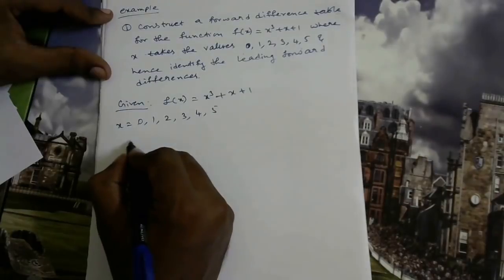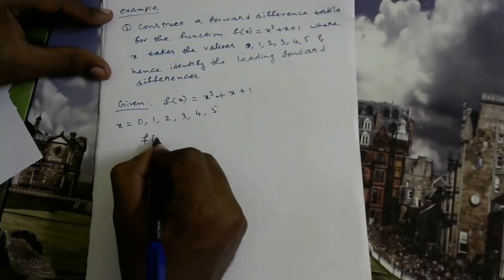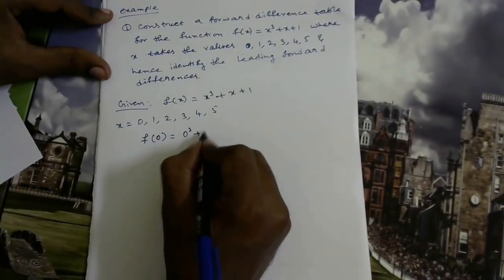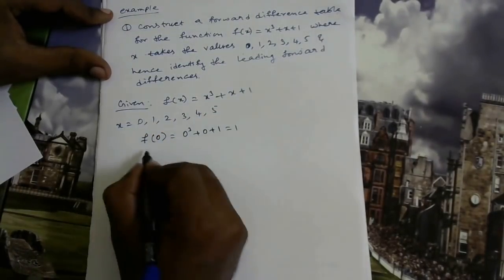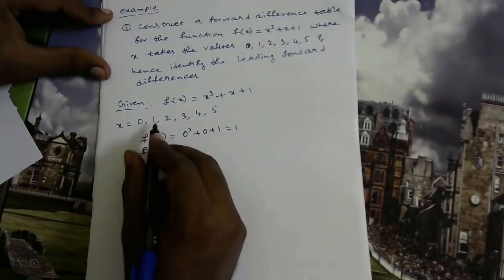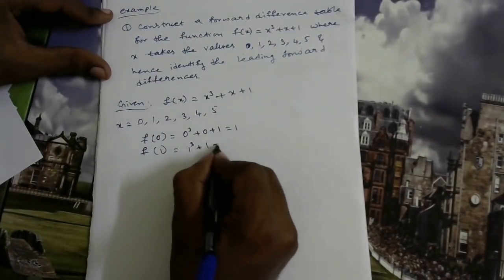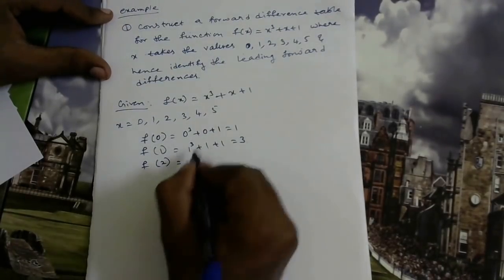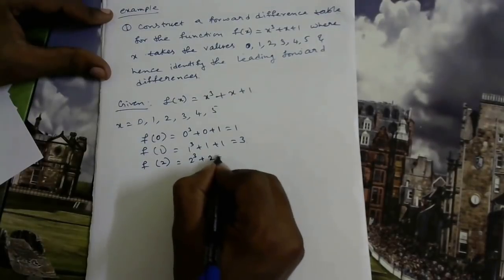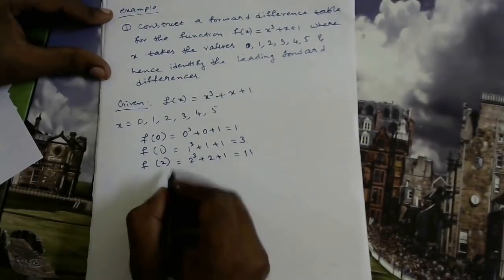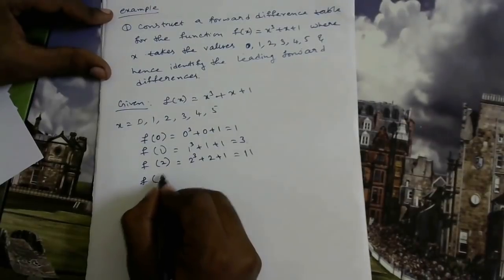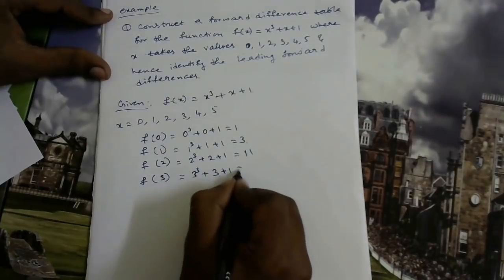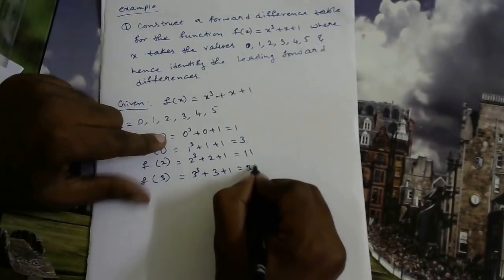Now substitute the x values into the function. f of 0: 0 cube plus 0 plus 1 equals 1. Put x equals 1: 1 cube plus 1 plus 1 will get 3. Put x equals 2: 2 cube plus 2 plus 1, so you'll get 11. Put x equals 3: 3 cube plus 3 plus 1, so you'll get 31.